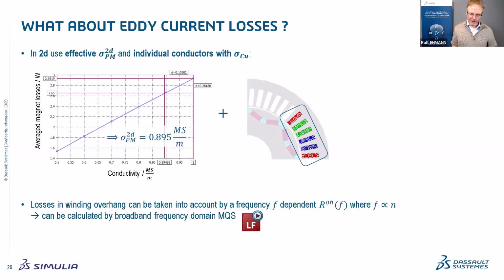However, we need the right losses in the winding overhang, in particular when you go to thermal analysis. You remember in my first talks this oil spray cooling of the overhang, and what you need here is the right volume losses for this winding overhang to get good predictive power in this kind of analysis.